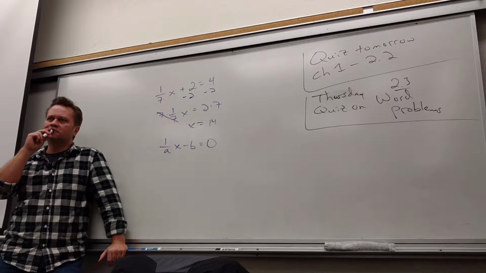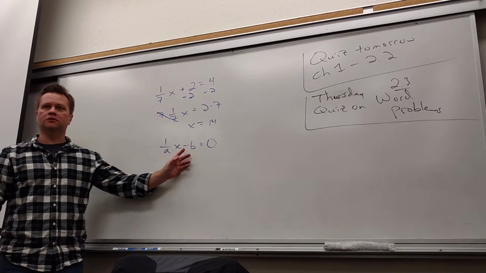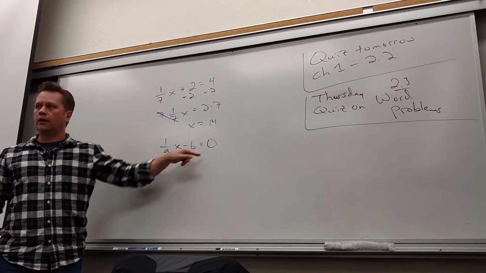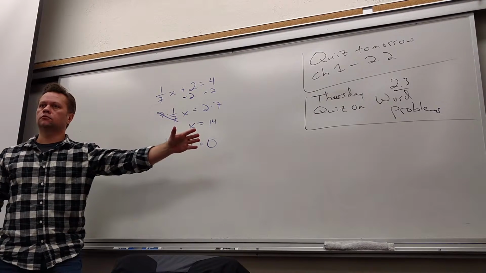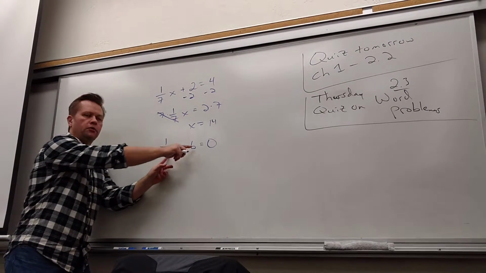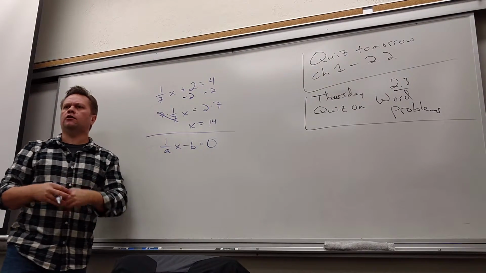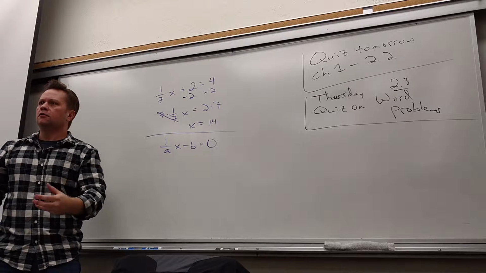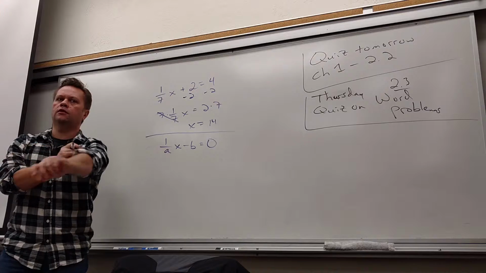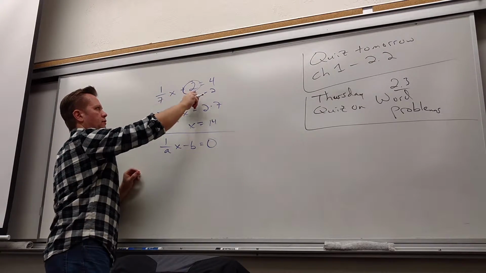What are the steps? What's the first thing we would do related to that? Add B. You guys, just because there are no numbers in here doesn't mean that you have to solve it differently. You see what I'm saying? The process does not care what's in there. What did I do first? I got rid of that number. So what do I do first then?